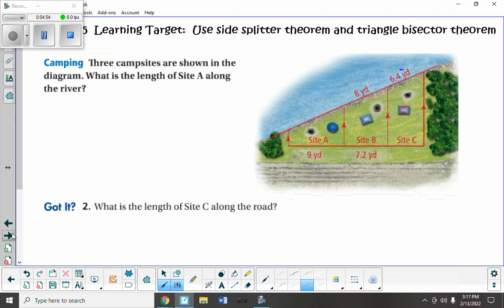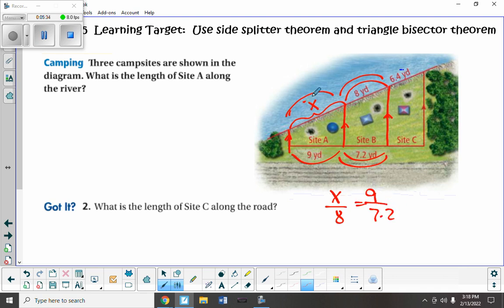3 campsites are shown in the diagram. What is the length of site A along the river? So here's the deal. We have these parallel lines right here. Okay, these are parallel, and we need to find the length of side A. Well, this is going to be side A. So we need to find this length, we'll call it X. So because these three lines are all parallel, X would be to 8, so this part would be to this part, as 9 is to 7.2.